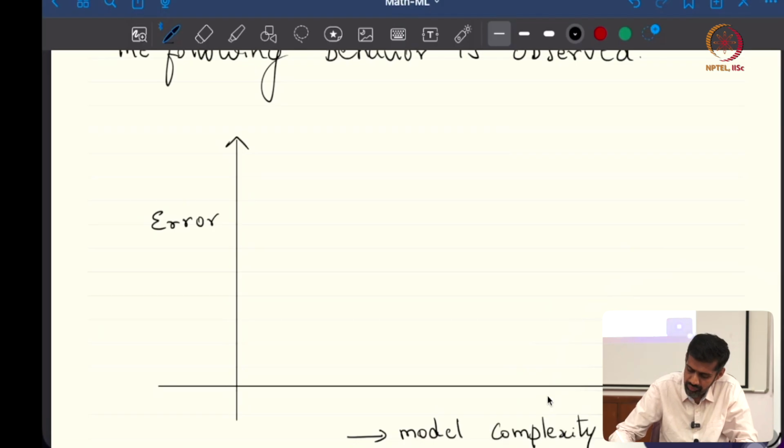What do I mean by model complexity? Suppose we are looking at polynomial regressors. The degree of polynomial that we consider as our hypothesis function can be looked at as model complexity. That is one way to measure model complexity.